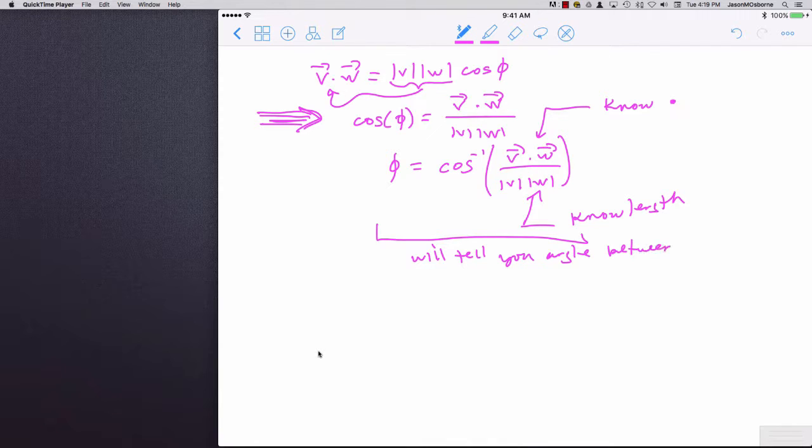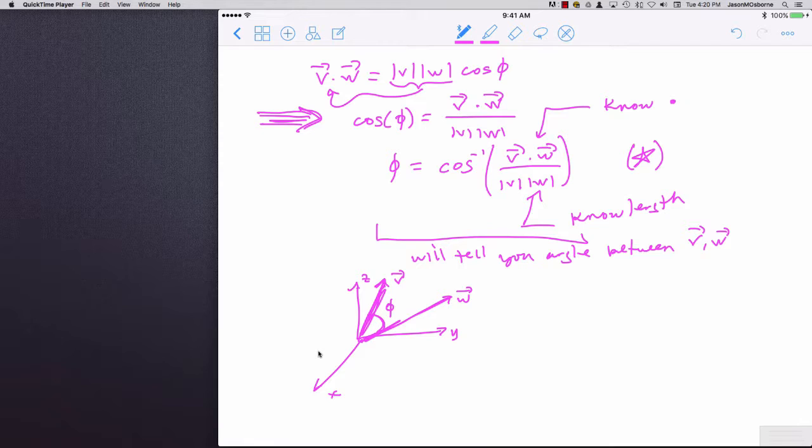So that's a formula that you can use to compute the angle between these vectors. So if these vectors are just sitting here in three-dimensional space, really hard to maybe see what they look like, you can compute the angle between them, even though it's kind of hard to see. You can compute the angle using this formula.